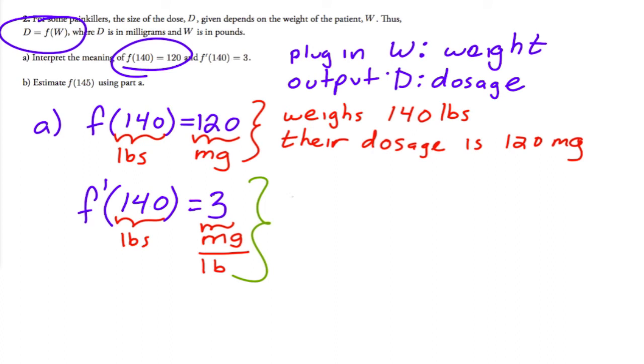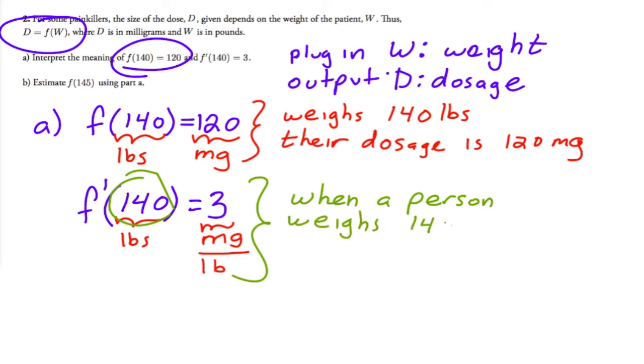So what this is telling you is that at exactly the point where a person weighs 140 pounds, so when a person weighs 140 pounds, then the rate at which the dosage is increasing or decreasing, but in this case it's increasing, is 3 milligrams per pound.